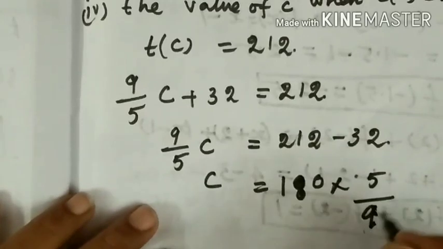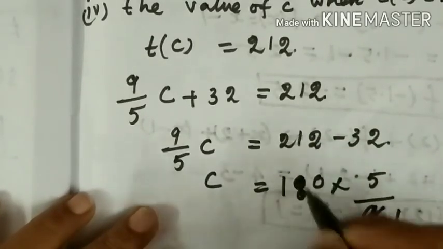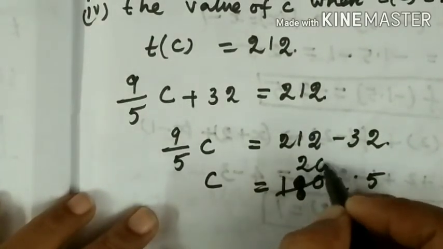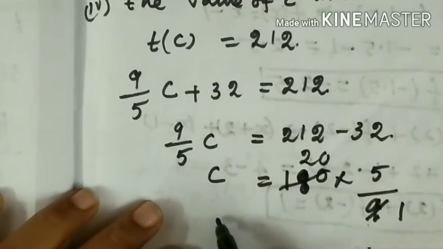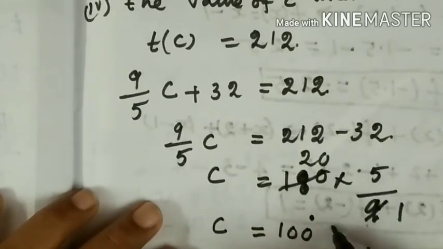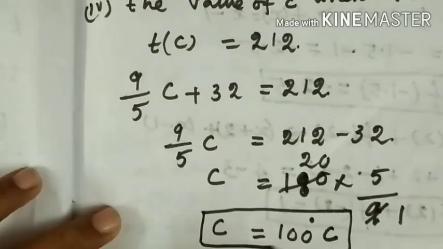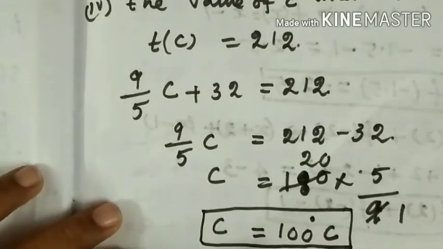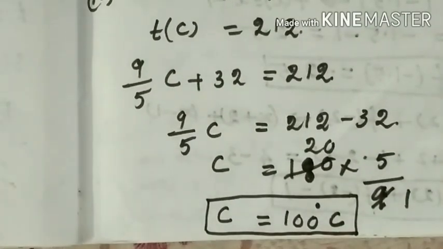You cancel this by 9: 1 9 is 9, 2 9s are 18, so we get 20. That is the value of C equal to 20 into 5, 100 degree Celsius. And this is the answer for the fourth subdivision.